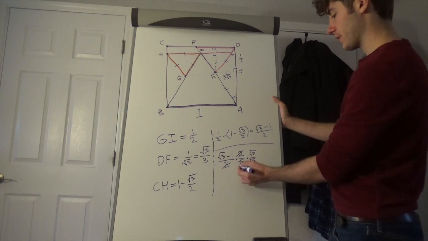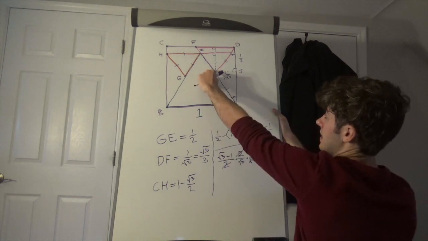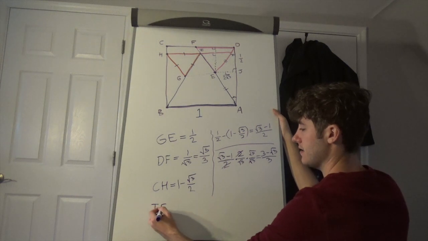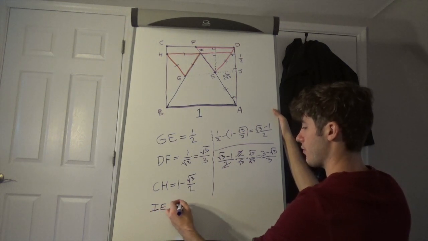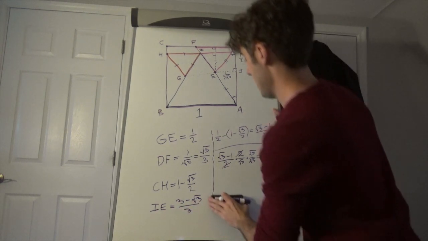So we get 3 in the denominator, we distribute the root 3, and now we have that IE, the all-important missing side, is precisely 3 minus the square root of 3 over 3. Right? We just worked that out.